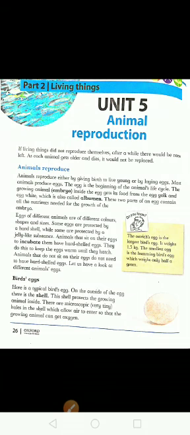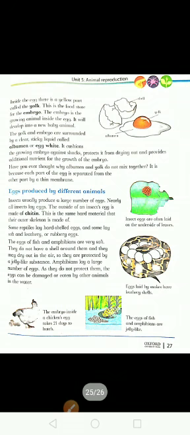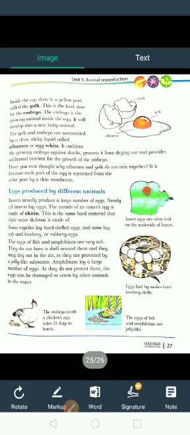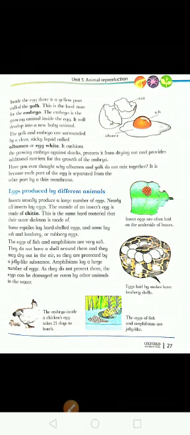Now come to the next page, number 27. Inside the egg there is a yellow part called the yolk. This is the food store for the embryo. The embryo is the growing animal inside the egg. It will develop into a new baby animal.